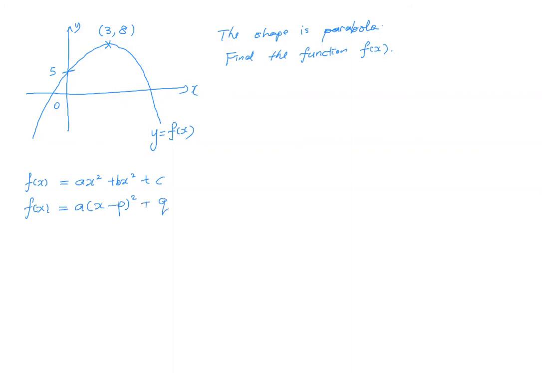So I have two forms. Which one are you going to choose to solve this problem? It's ax squared plus bx plus c, sorry. a cannot be 0, understood? Okay, which one am I going to use? 1 or 2?